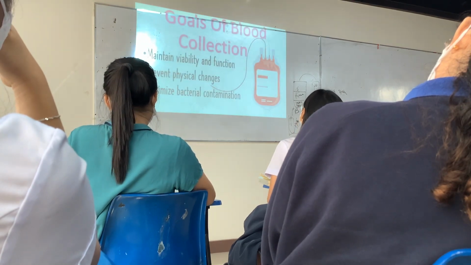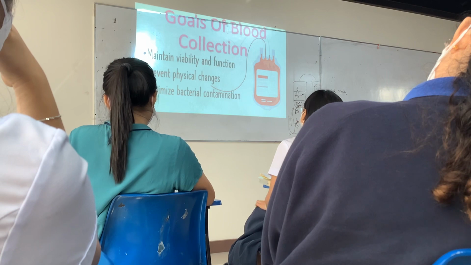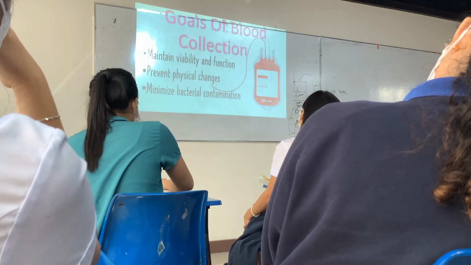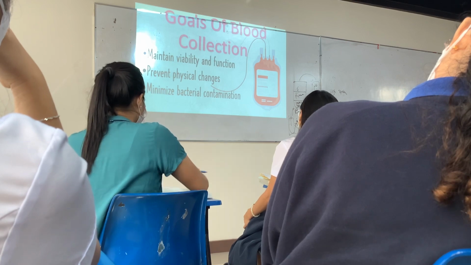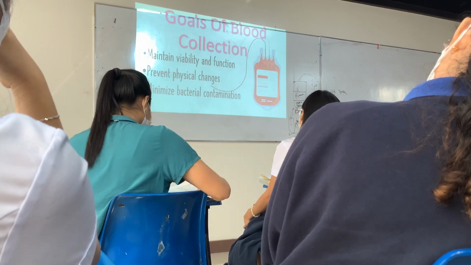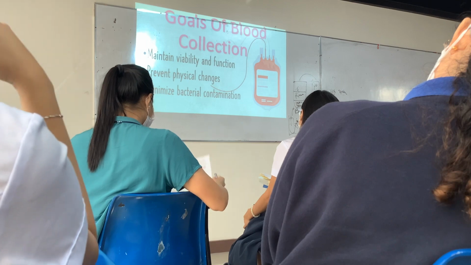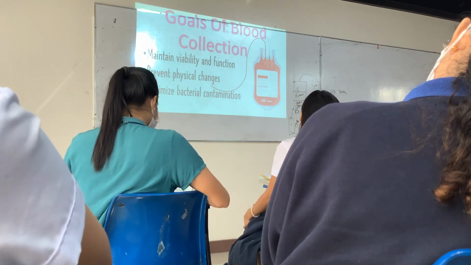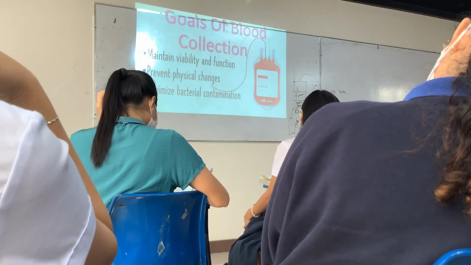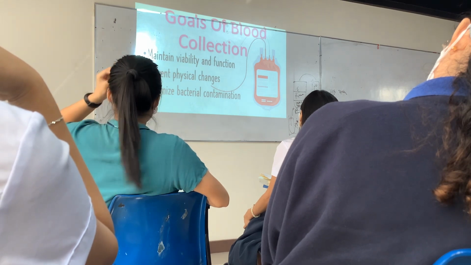Okay? So, the primary goal of blood collection and segregation, again, the primary goal of blood collection and segregation is basically to provide blood product that will give optimal benefit to the patient.